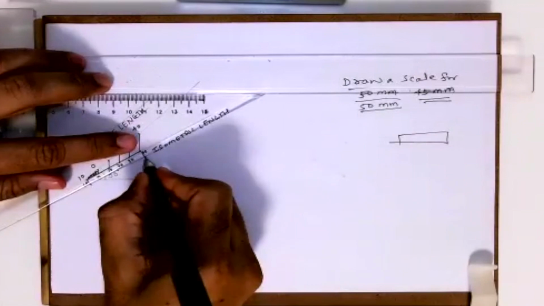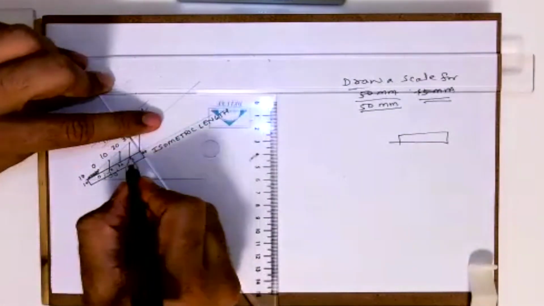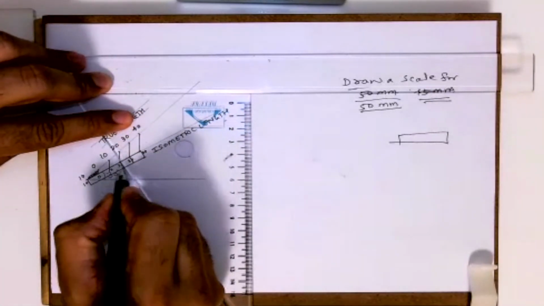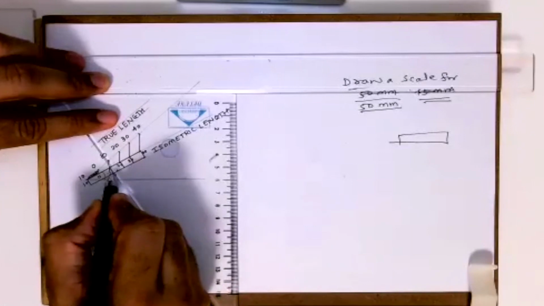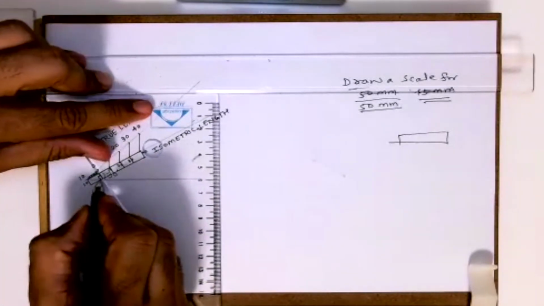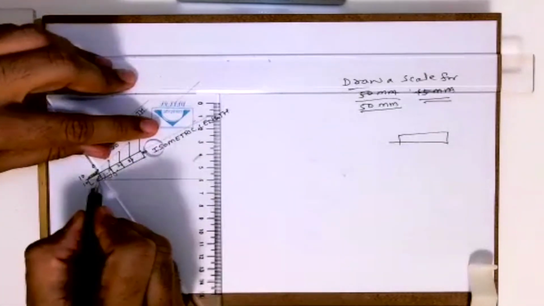And then I will draw this. Then wherever is this, you project down. See this with 60 degree. Remember this. This is important. Many people make an error. And then you project all this 10 division also.